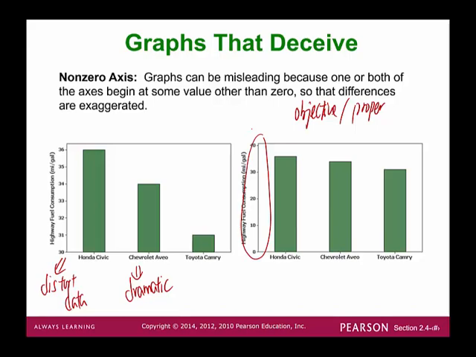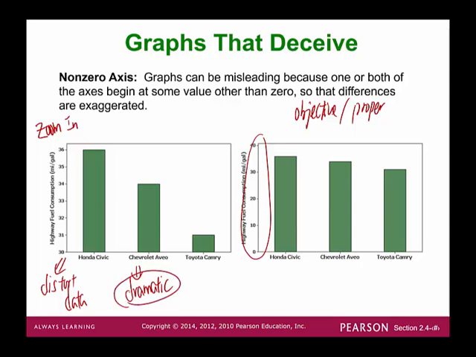So this is one way to deceive the viewers, your audience. If you distort the vertical axis, it's like you zoom in on the vertical axis to a certain interval, then your graph will look very dramatic, right? Like this.